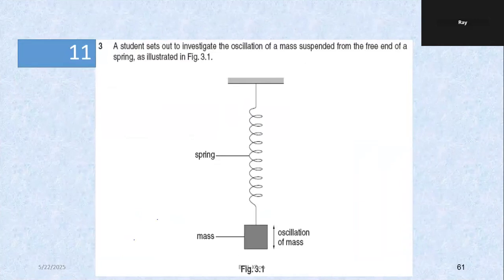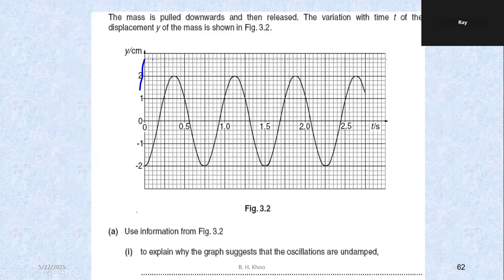A student sets out to investigate the oscillation of a mass suspended from the free end of a spring, as illustrated in the figure. The mass is pulled downwards and then released, and the variation with time of the displacement y of the mass is shown in figure 3.2.